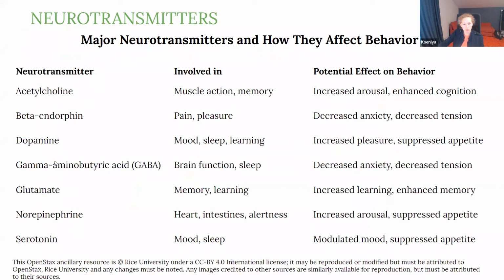But do you know what is the main neurotransmitter in the brain? Kind of a tricky question. Acetylcholine. Please, don't tell at the moment.